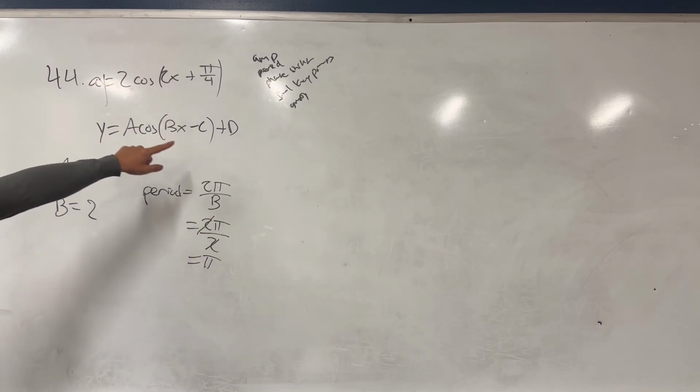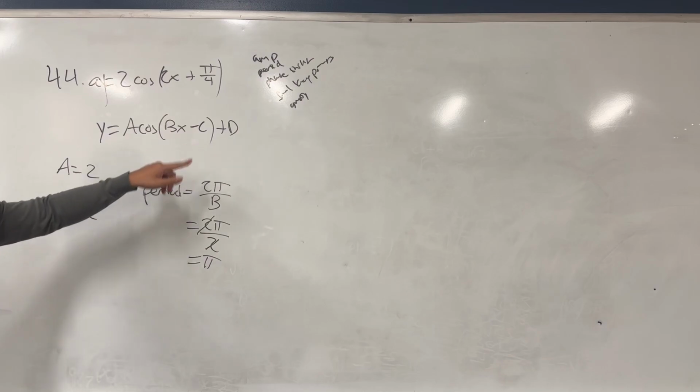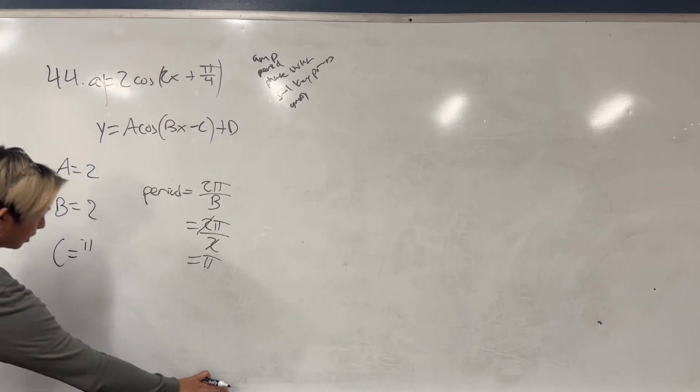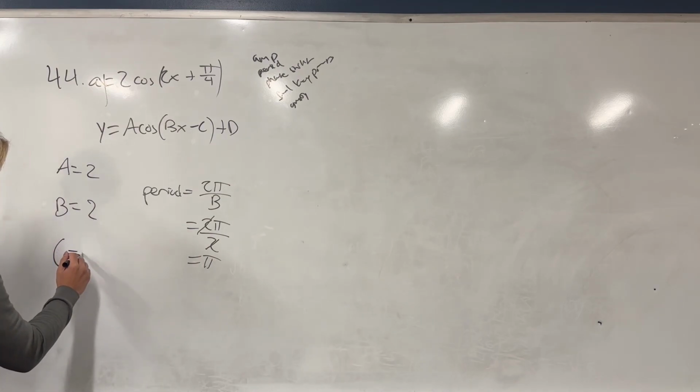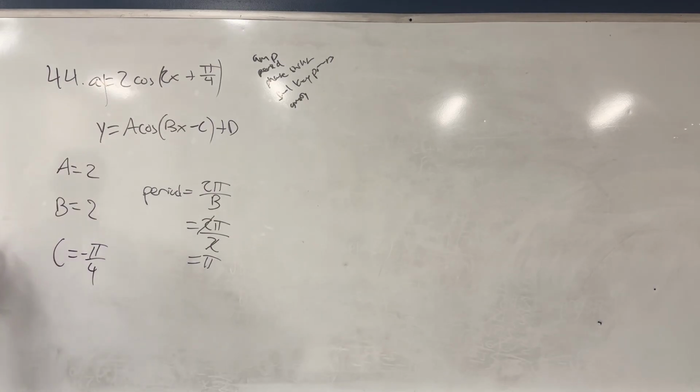Okay, and then our C here is what? Pi over 4, but it's minus, so it's negative pi over 4. And we don't have a midline here. Oh wait, right, phase shift.